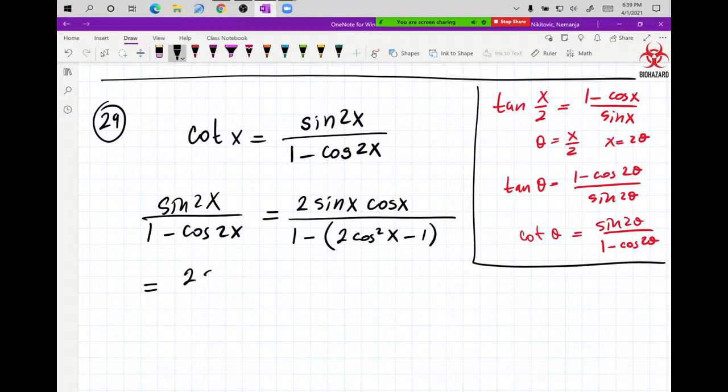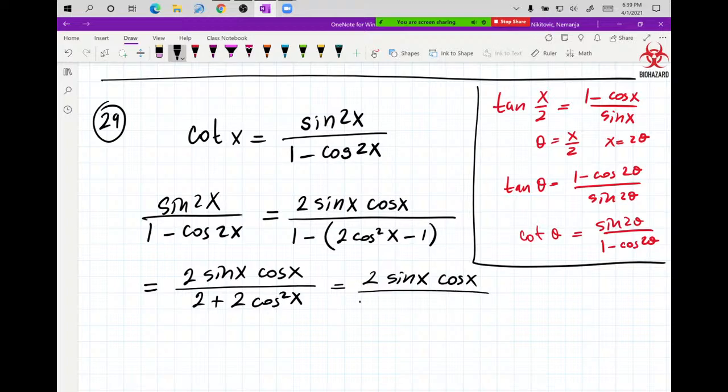So the top is 2 sine x cosine x, and on the bottom, when I get rid of the parenthesis, I get 2 plus 2 cosine squared x. Now I can factor out 2 in the denominator and have 1 plus cosine squared x there.